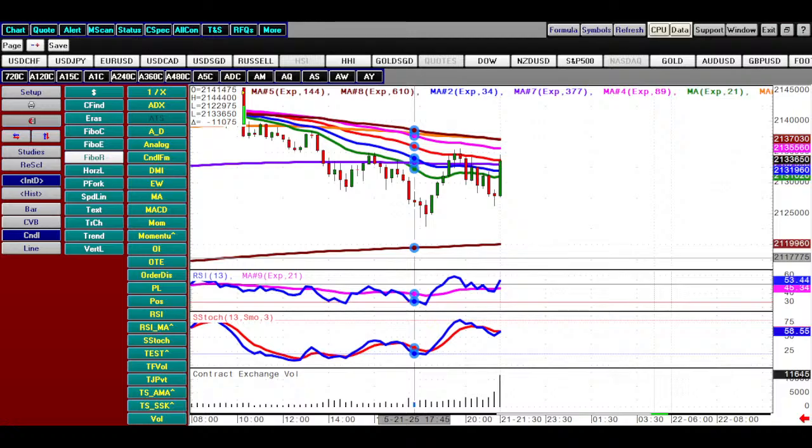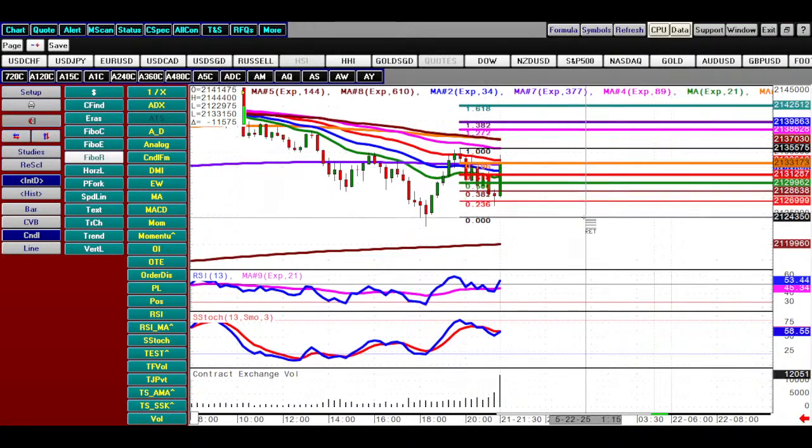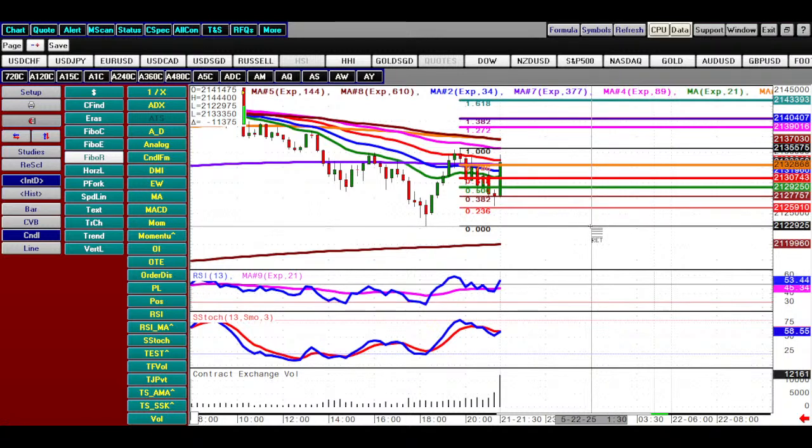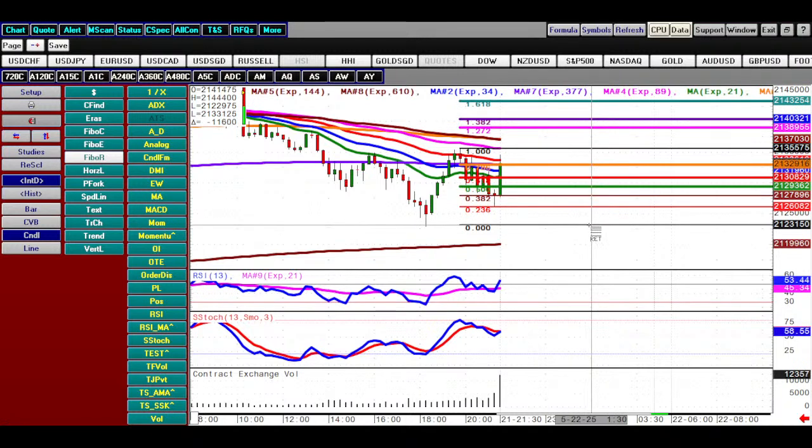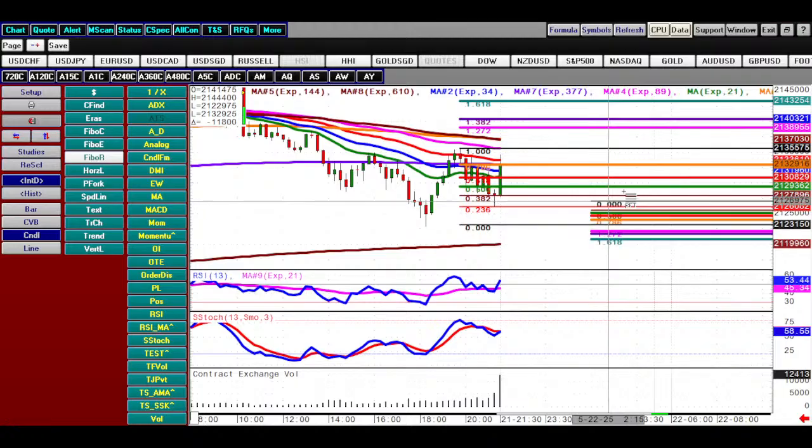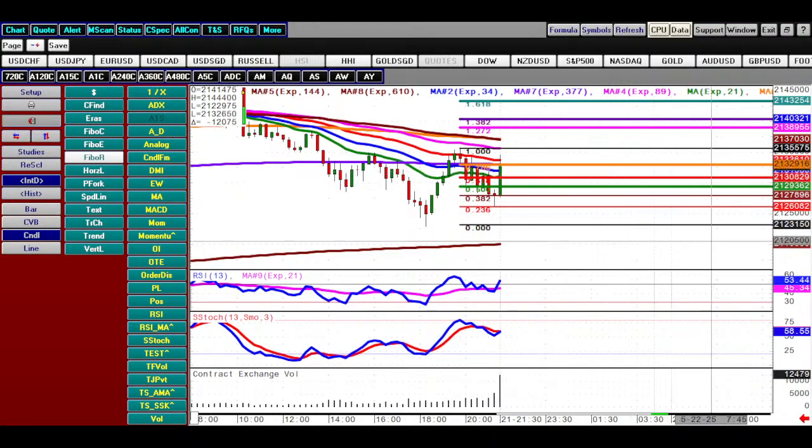Then we'll sell one unit at 340. Then another one at 405. And the stop we have to give is 445.